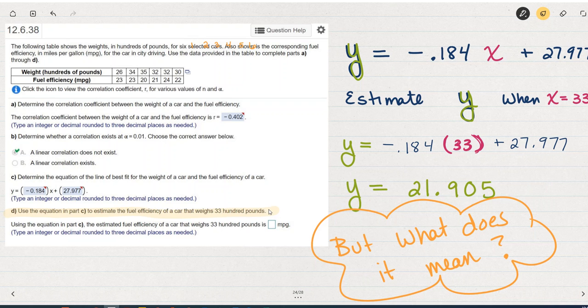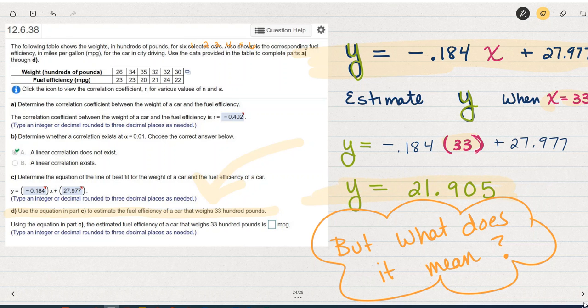In other words, I'm going to take our equation, y equals negative 184 thousandths x plus 27 and 977 thousandths, and I'm going to replace that x with 33 for the 3,300 pounds, and I'd get that the fuel efficiency, y, comes to 21 and 905 thousandths.